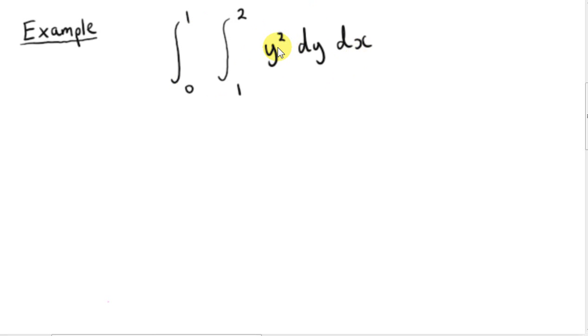We can think of y squared as a product of a function of x and a function of y, where the function of x is just 1. So comparing to the general case that we covered previously, g of x is 1, h of y is y squared.